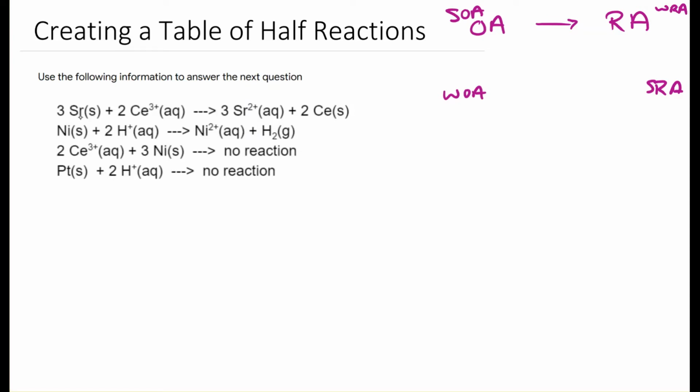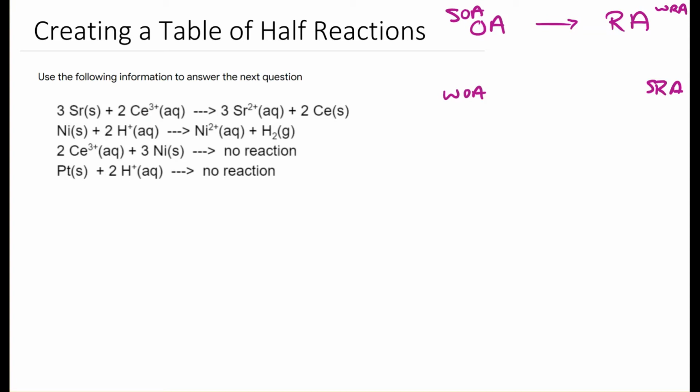Let's go through the first one. Cerium has electrons that it could give, strontium has electrons that it could give to cerium. Now, does cerium successfully steal those electrons? Well, cerium ends up with the electrons. So this is the oxidizing agent, and that's the reducing agent, in this particular reaction. Cerium is successful in stealing the electrons away from strontium.